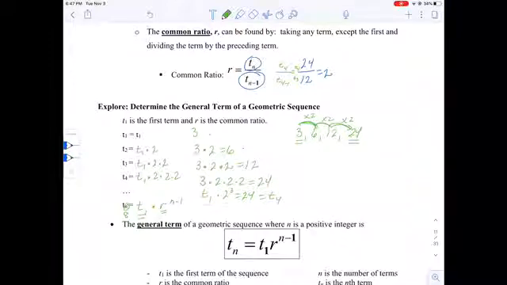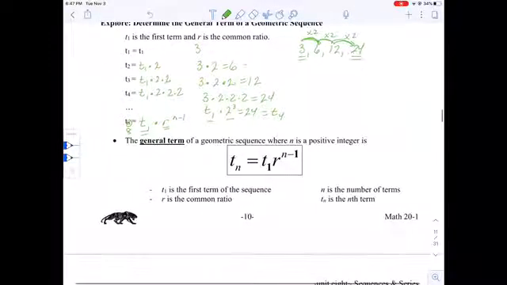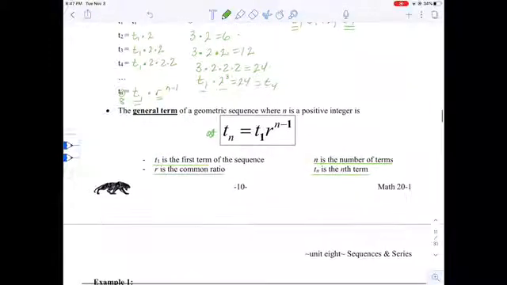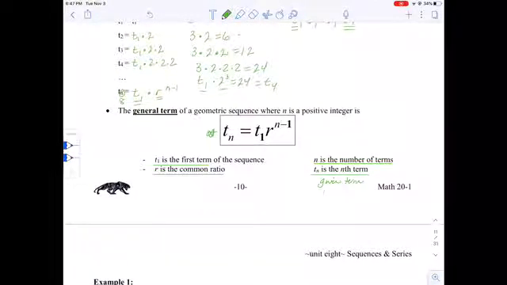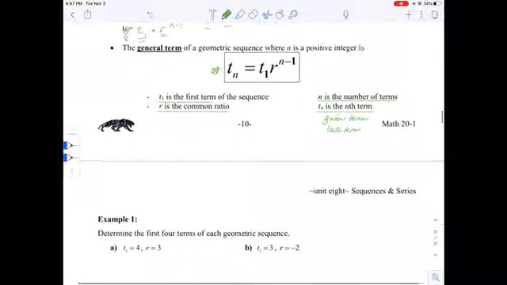Term 1 times our ratio to the power of n minus 1. And that, of course, is our formula that we just developed. T1 is the first term, R is the common ratio, n is the number of terms, and Tn is the nth term, often known as the given term. Sometimes we'll be given a term, or sometimes it's the last term, etc.